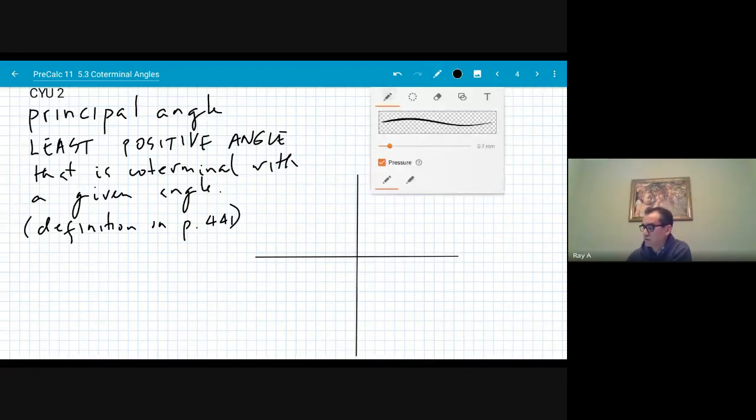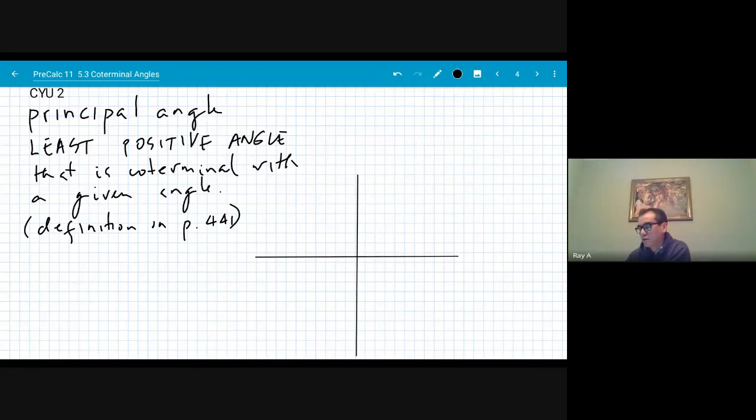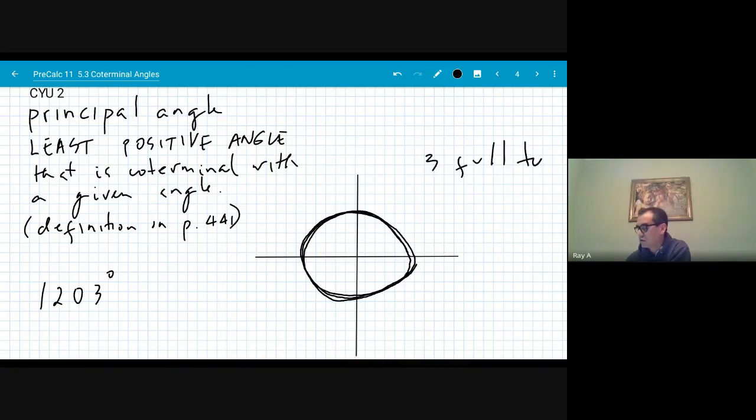So we have 1203 degrees. We go around 180, 360, go around again, a full turn, 720, we go around again, 1080. So 3 full turns is 1080 degrees.